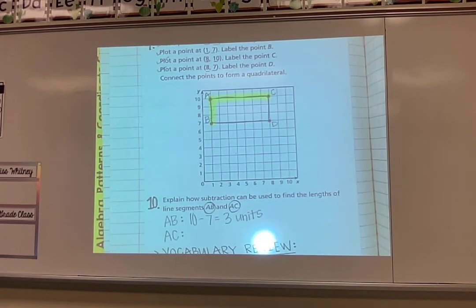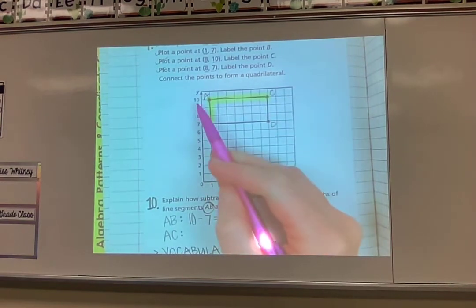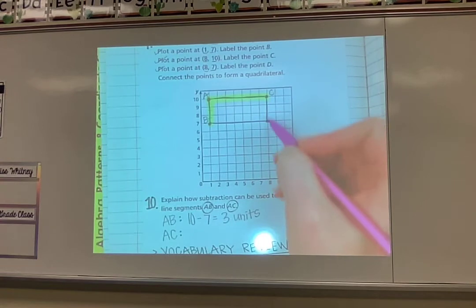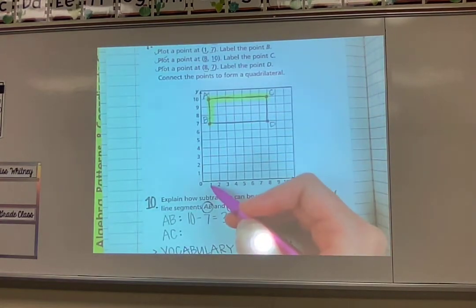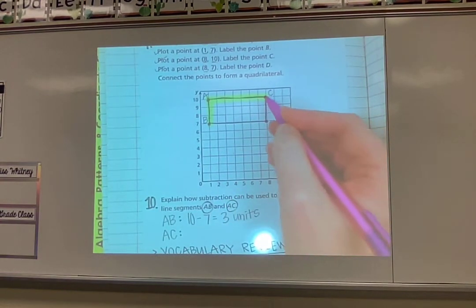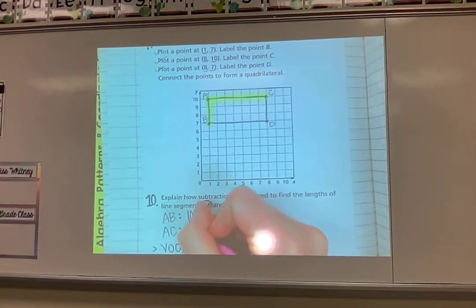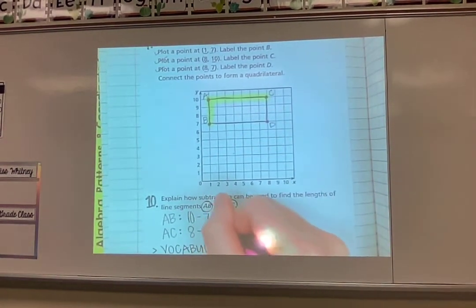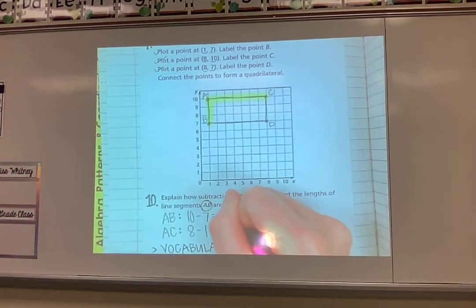Then remember, we have to use subtraction to prove how long it is. So if I'm looking on the Y, they're both at 10, so that doesn't help me. So this time I need to look at the X numbers because those are the ones that are different. So C is at 8, so I do 8, minus, and A is at 1. So 8 minus 1 would be 7.